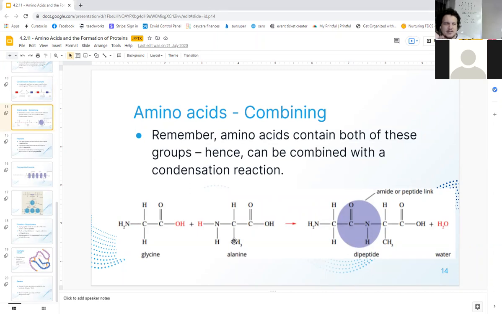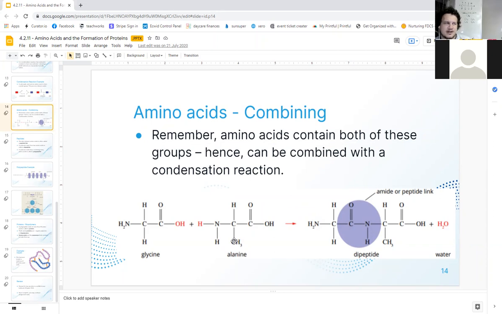Now, big thing in grade 12 is you're expected to use scientific language. So, 2 amino acids combine in a condensation reaction to form a dipeptide through a peptide linkage or a peptide bond.